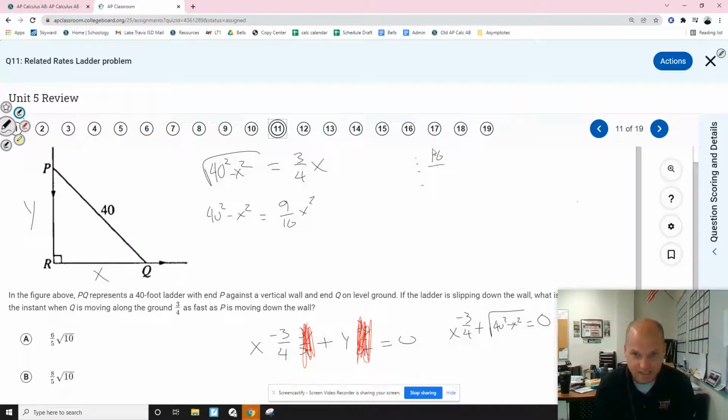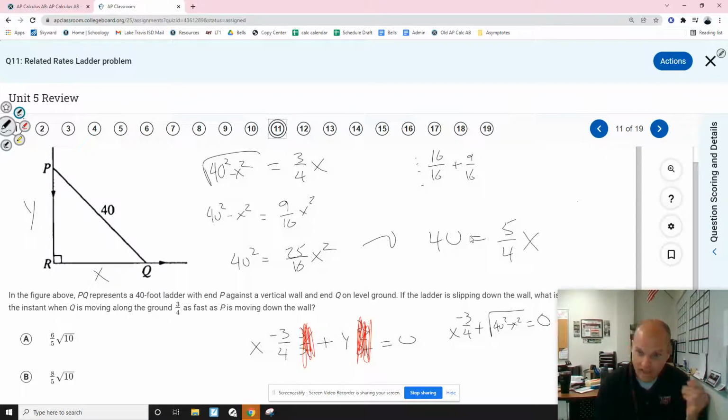That's 16/16 plus 9/16, which is 25/16 x squared. I have 40 squared equals 25/16 x squared. I will square root both sides, giving me 40 equals 5/4 of an x.